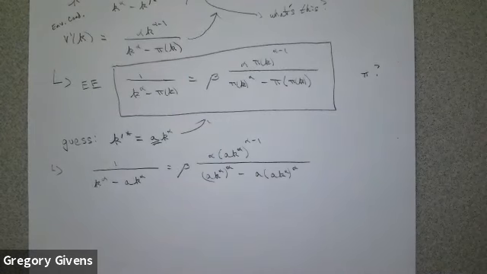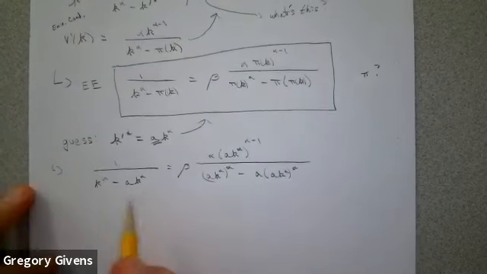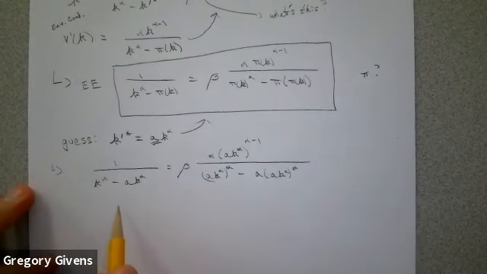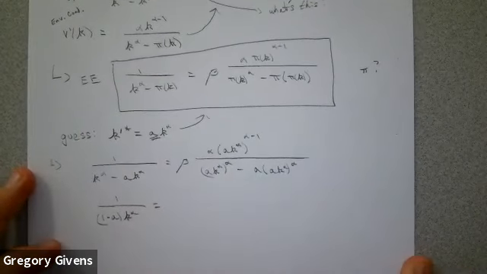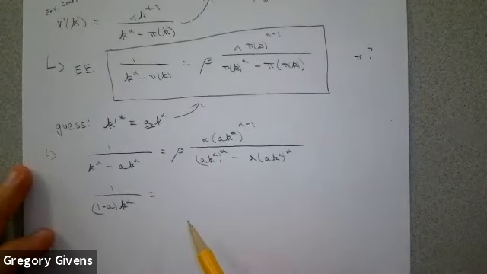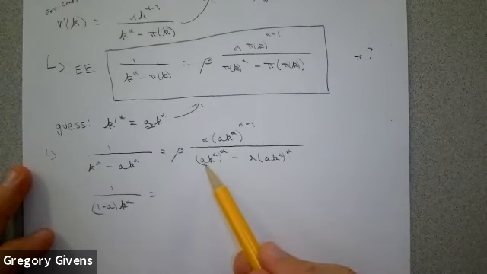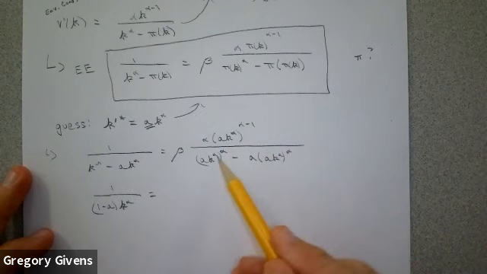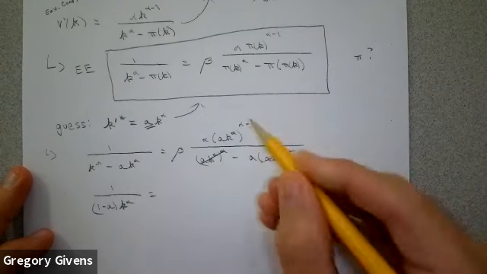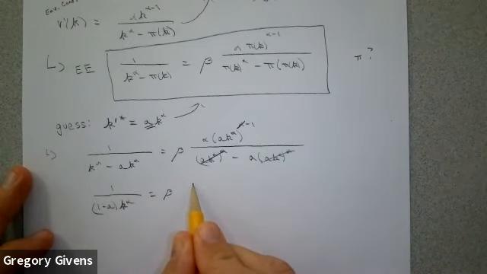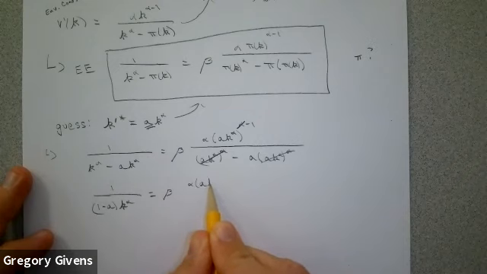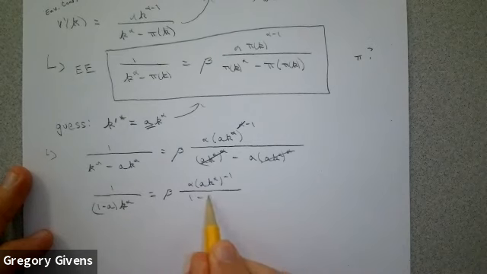And now I'm going to try to solve this little equation for a. So let me simplify the left-hand side. It's 1 over (1 minus a) times k to the alpha. Now, fortunately, lots of things cancel on the right-hand side. Here's an a k to the alpha raised to the alpha. That cancels here, here, and here. And you're left with beta times alpha, a k to the alpha minus 1, over (1 minus a).